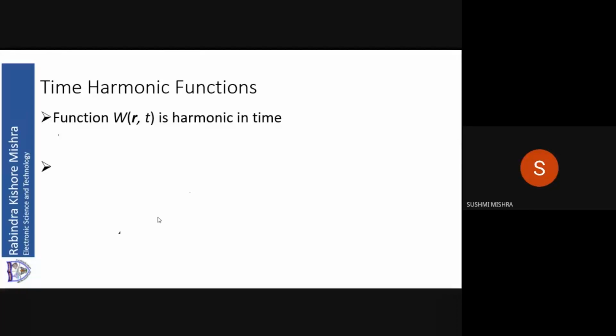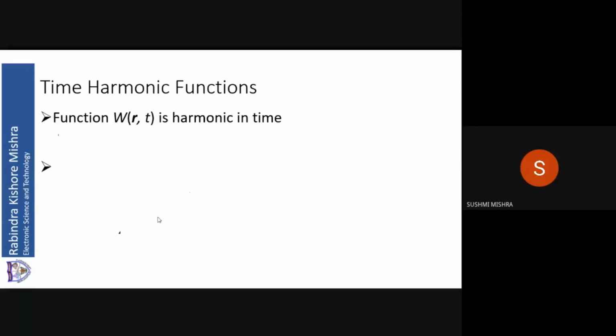When we say it is a time dependent function, the time dependency can be of any form. A particular form of time dependency is where the function repeats itself over a given time period. Periodically the function repeats itself, which means it is harmonic in time. Then we call it a time harmonic function.